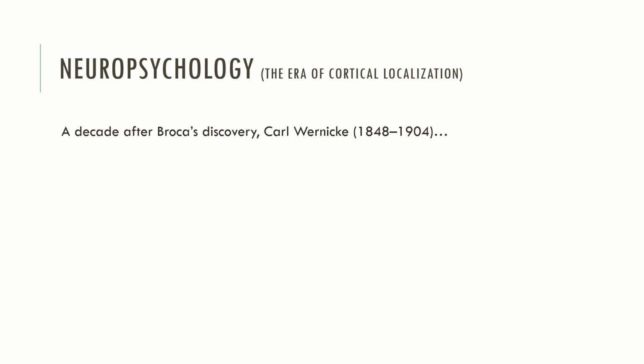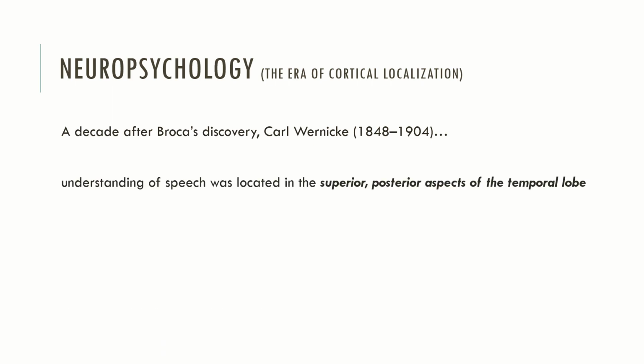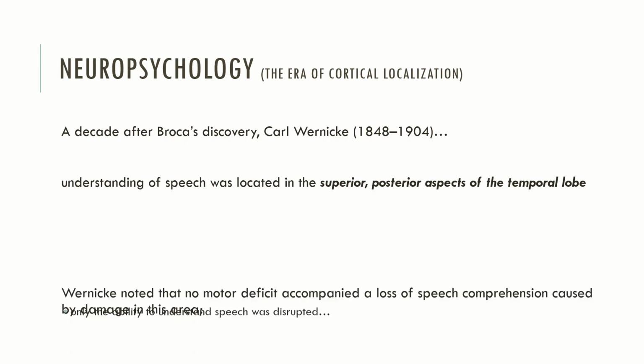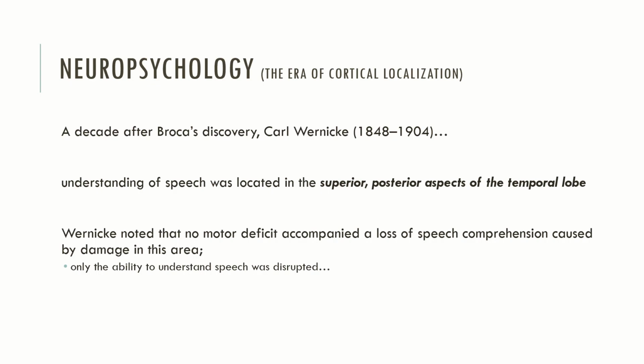A decade after Broca's discovery, Carl Wernicke, another neuropsychologist who was very important to understanding speech phenomena, found that the understanding of speech was located in the superior posterior aspects of the temporal lobe, a different brain area from motor speech production. Wernicke noted that no motor deficit accompanied a loss of speech comprehension caused by damage in this area.